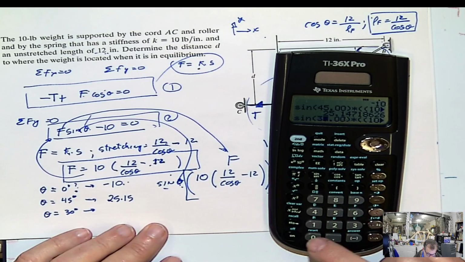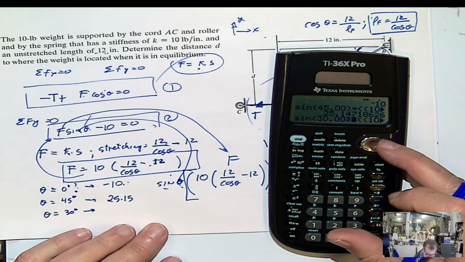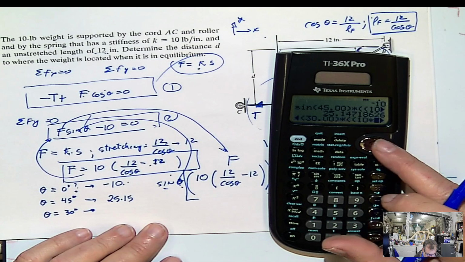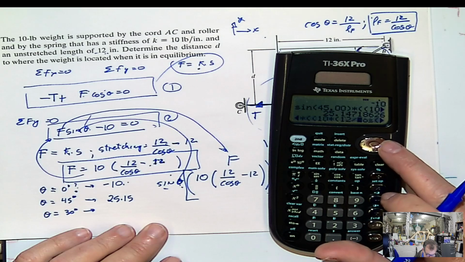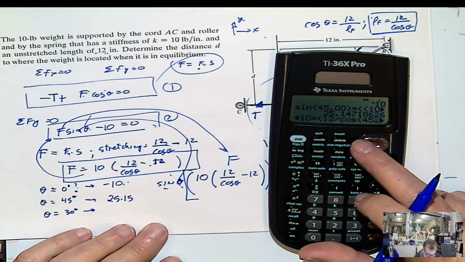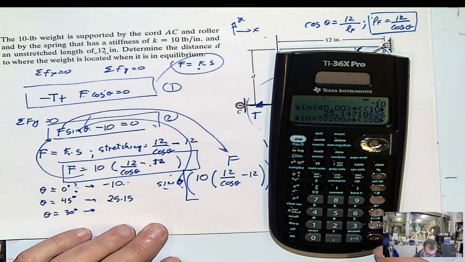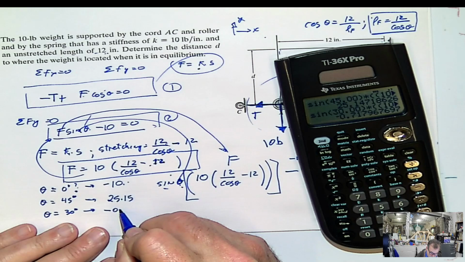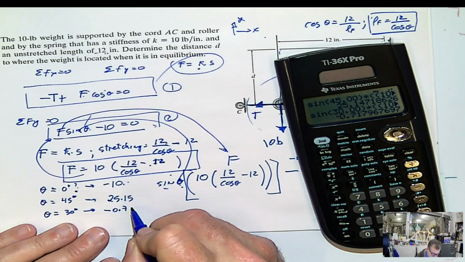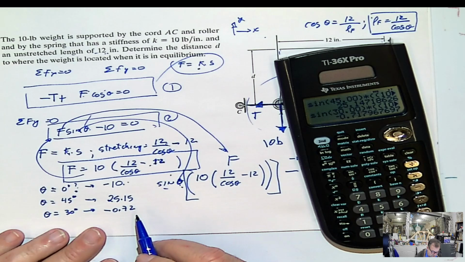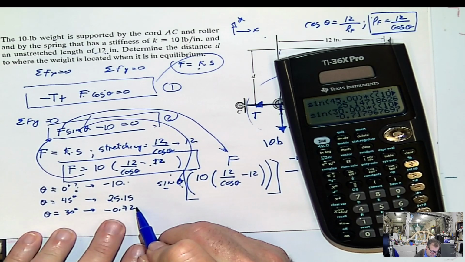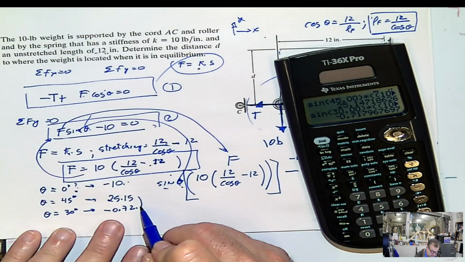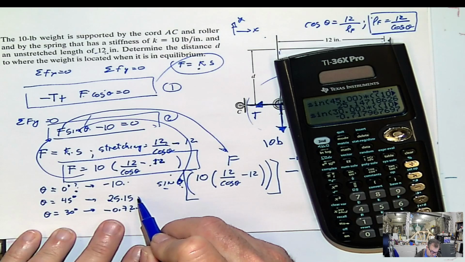So let's try here 30. And then I get negative, look at that, negative 0.72. That means that the value is bigger than 30, really close to 30, but smaller, of course, than 45.